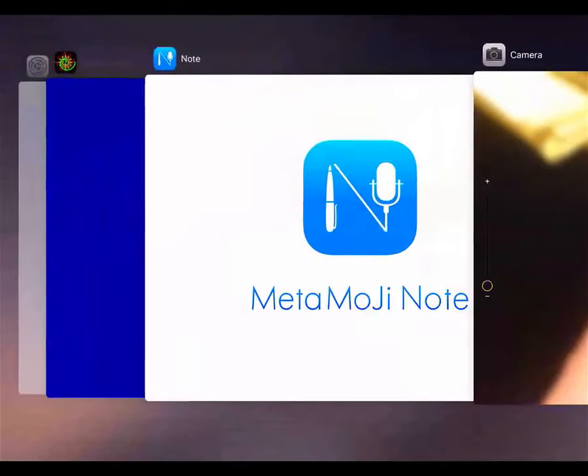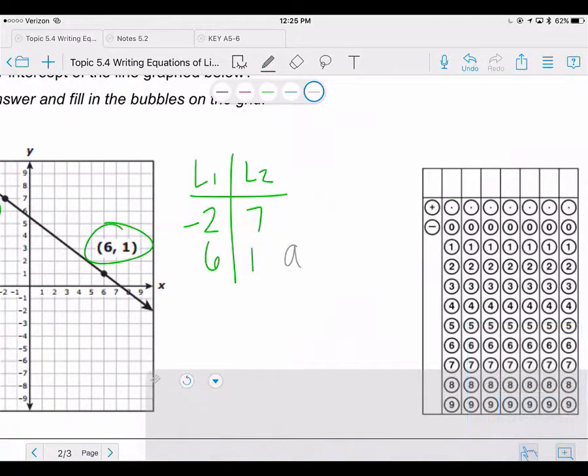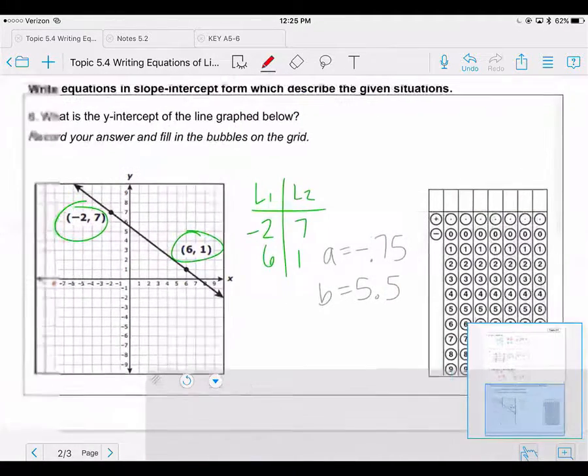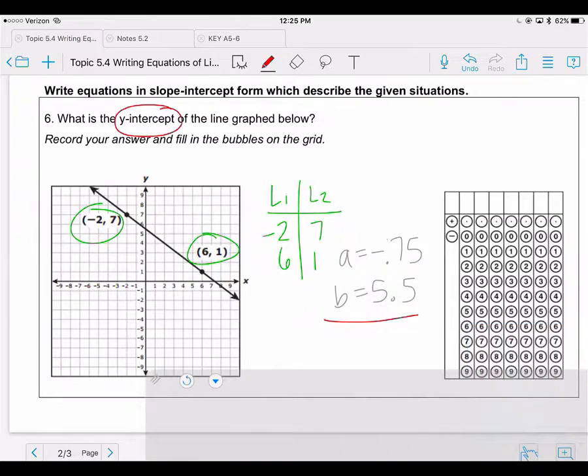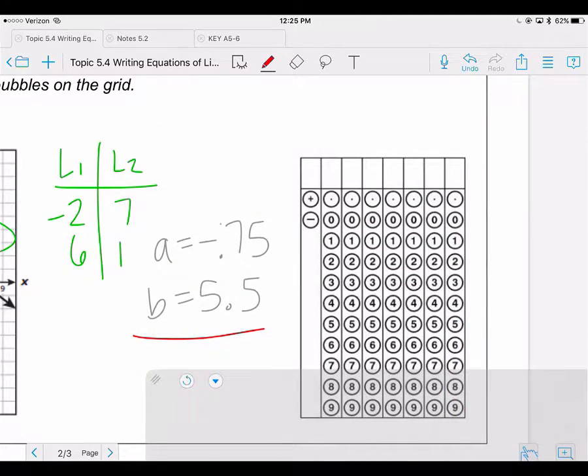Because these are small decimals, we don't have to turn them into fractions. If they are repeating, you do need to. So A is negative 0.75, B is 5.5. Now the problem asked us, what is the y-intercept? Your y-intercept is your b value. So we are just plugging that b value into our grid. This is called a floating grid, meaning that you can put 5.5 here.